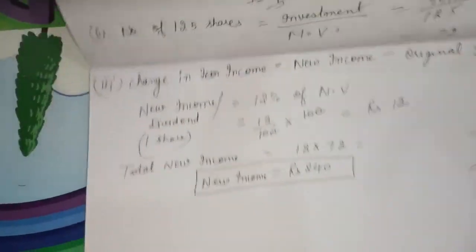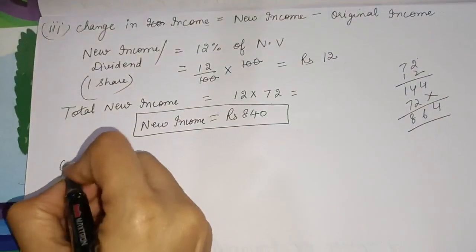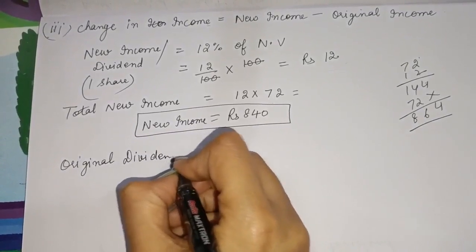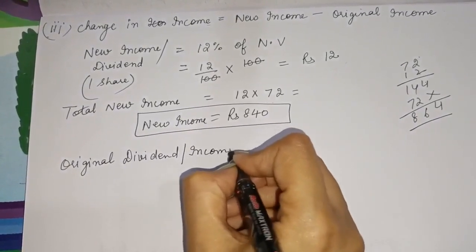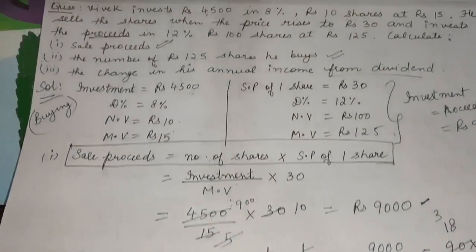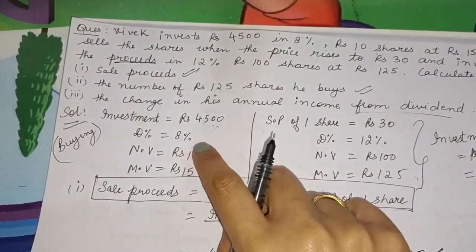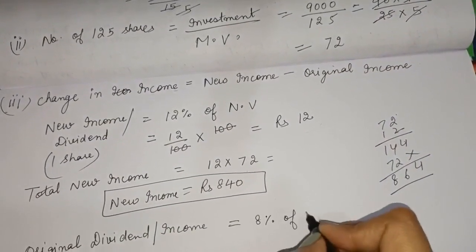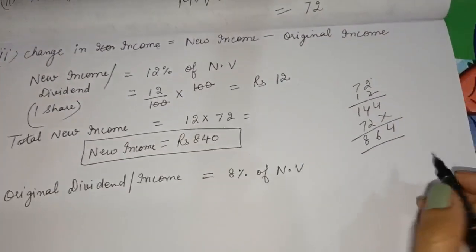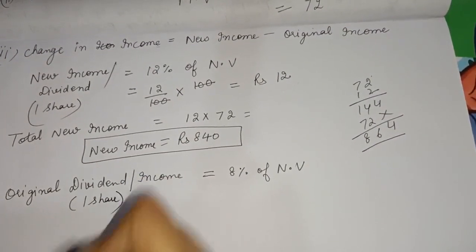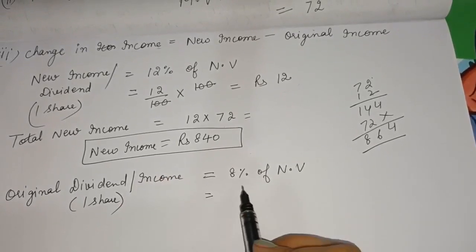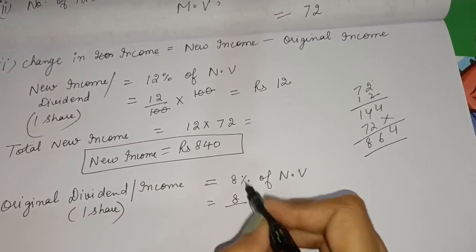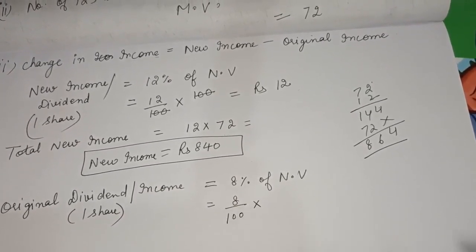Same thing we will do for the original case also. So original income, or you can use the word dividend also, both the same. What was the dividend percentage given? Here the dividend percentage was 8%, so that means 8% of NV, again for one share. 8% means 8 by 100 into NV.